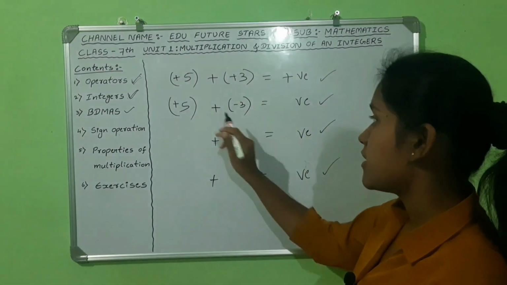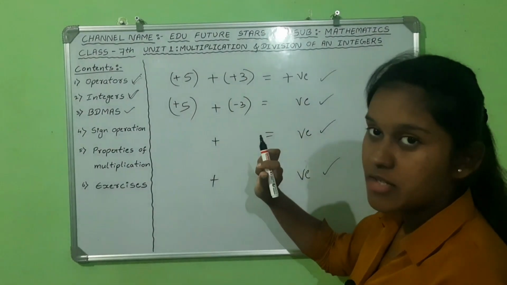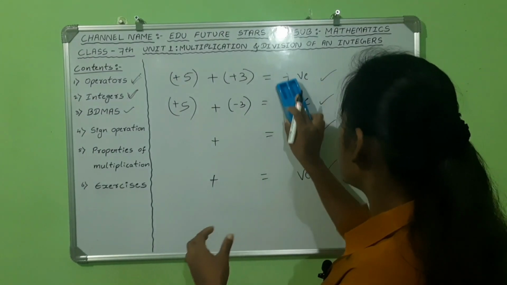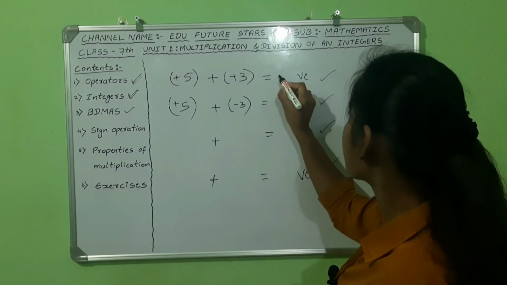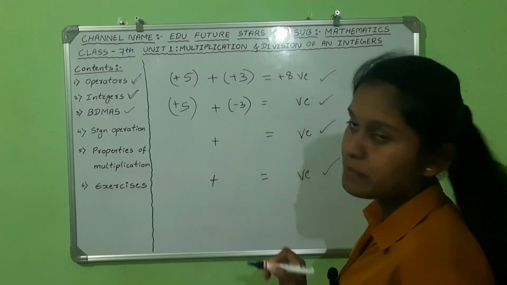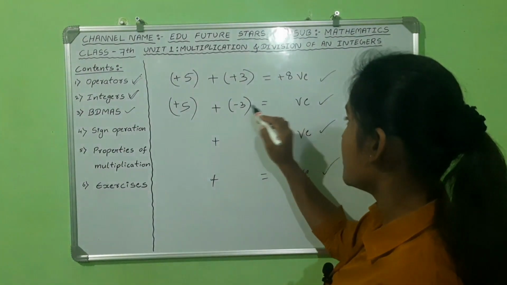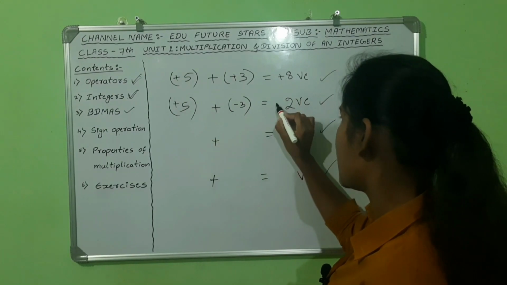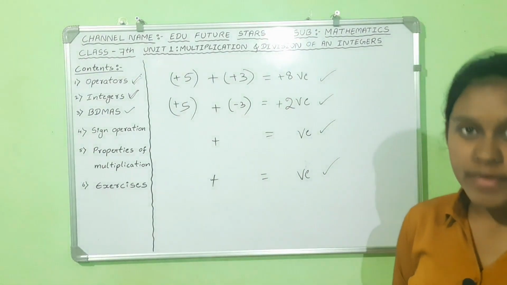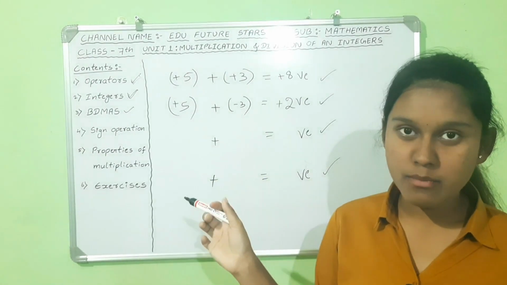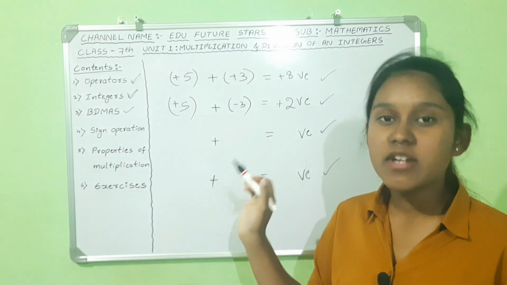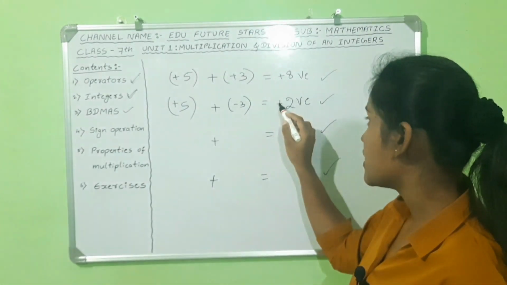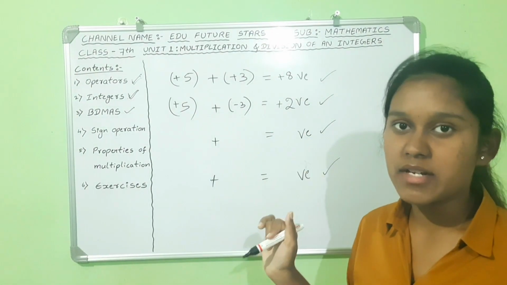The result will be positive and negative. Here the answer is 8. Better I'll write the answer as well. It is positive 8. Correct? Here 5 minus 3 becomes 2, which is a positive sign. How are we getting a positive sign? Because 5 is the greatest number. Here the greatest number's sign will come to the result. Okay, the greatest number's sign will come to the result.